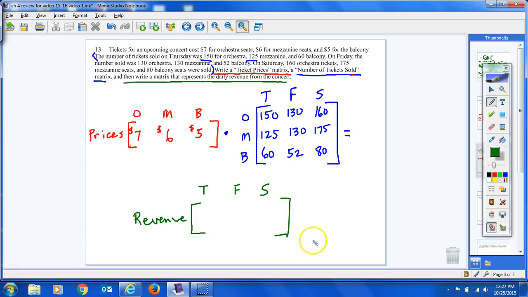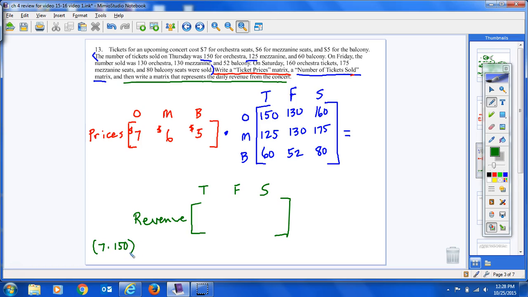All right, and so now your calculator is really going to come in handy, because these numbers obviously get quite big. So for Thursday revenue, we kind of looked at this a little bit earlier. It's going to consist of $7 times 150.